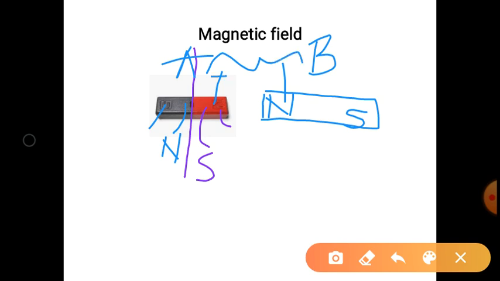So it will repel each other, that will not be attracted. If I will reverse the pole, if I will make it as S pole and if I make it as N pole, so here it is N pole and here it is S pole. So these two are called as unlike poles which will be attracted. So these are the two properties of the magnet.